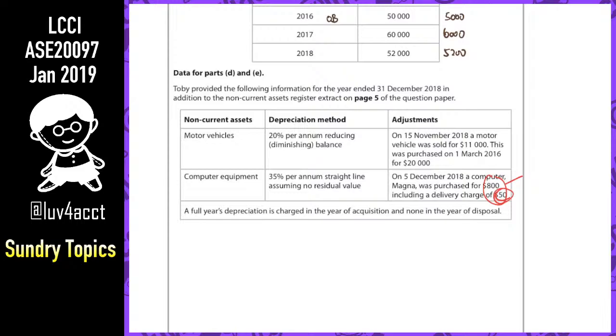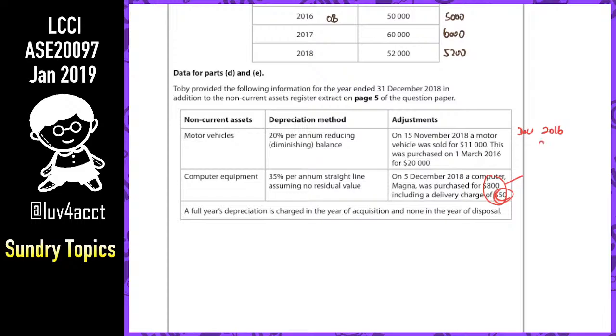So we have to count how many years we have depreciated this asset. Our year end is 31st December. That is easy. That means our first year of depreciation is year 2016, from March till December. Full year depreciation in the year of acquisition, none in the year of disposal.